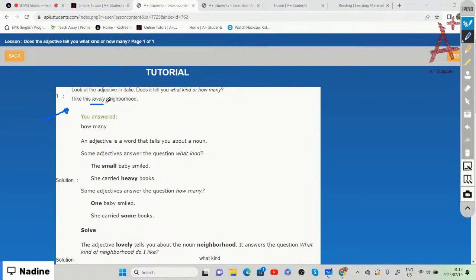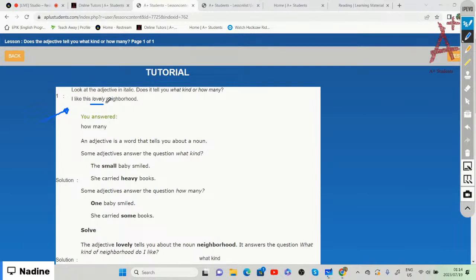I like this lovely neighborhood. We need to say if the word lovely, which is in italics, tells us what kind or tells us how many. Remember, lovely tells us about the noun, which is neighborhood.